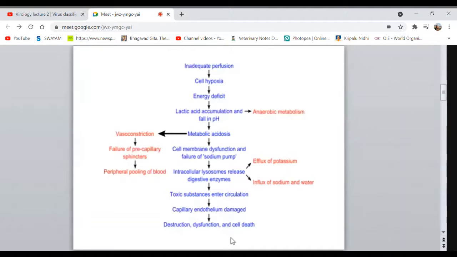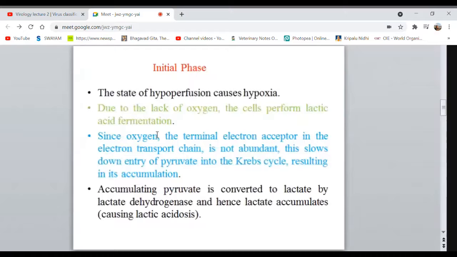At the initial phase of shock, as I told, hypoperfusion causes hypoxia. Due to the lack of oxygen, the cells perform lactic acid fermentation. Oxygen, as you know, is the terminal electron acceptor in the electron transport chain, and it is not sufficient.